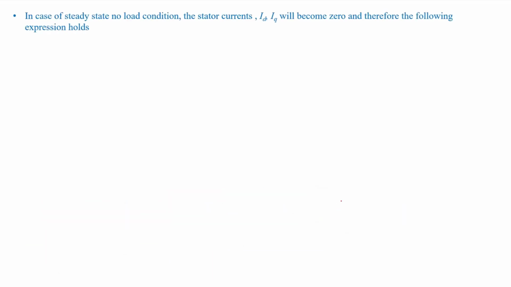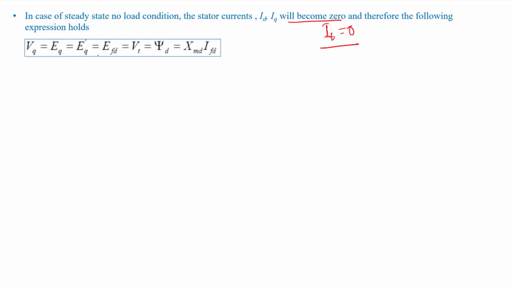Okay, now in case of steady state, no load condition, what happens? The stator currents ID and IQ become 0, right? Because IT is 0, so ID and IQ also become 0, and therefore the following expressions hold.